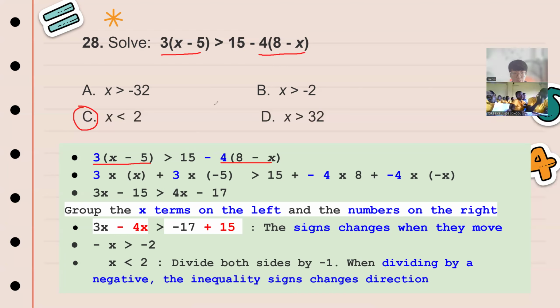This becomes 3x minus 3 times 5 is greater than 15 minus 4 times 8 times minus 4 times minus x.